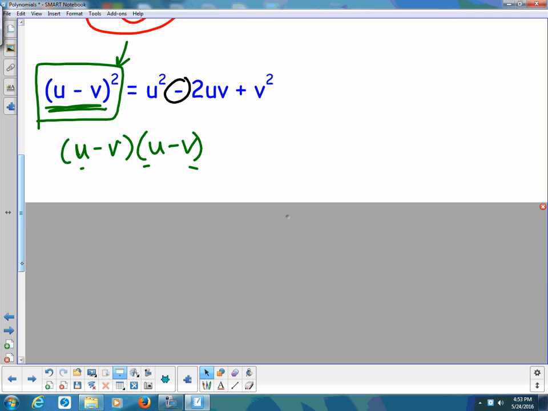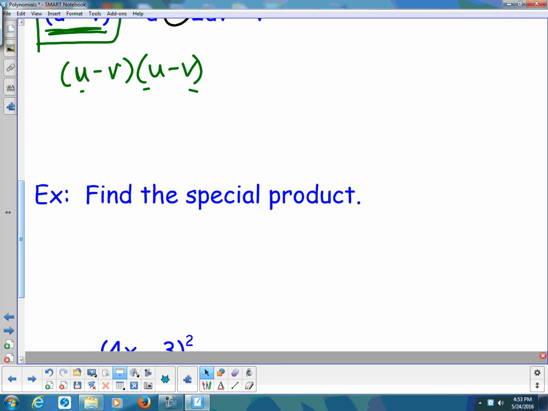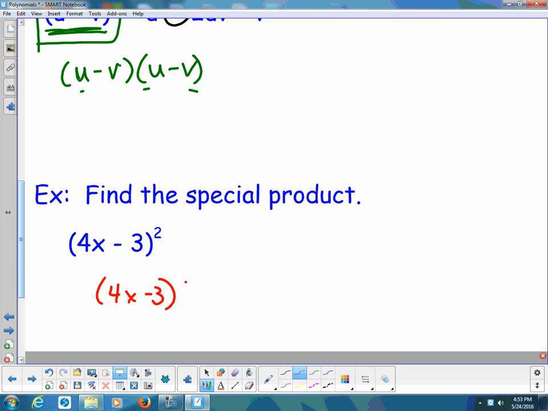So let's take a look at this first example. Find the special product: (4x - 3) quantity squared. So again, you could use FOIL and write (4x - 3) times (4x - 3), but instead of that, we could use our special product property, which says 4x is my u and 3 is my v. And so my property says u squared minus 2uv plus v squared.